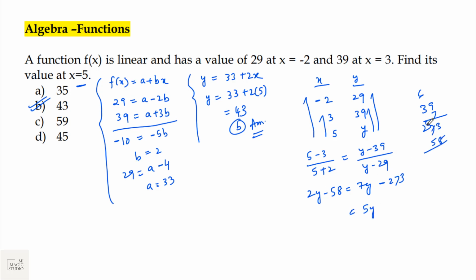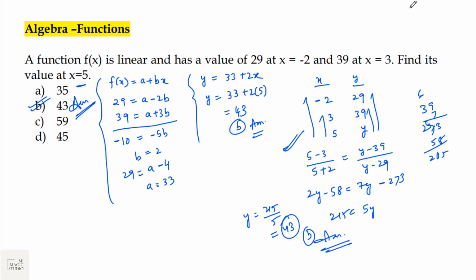So 5y is equal to 273 minus 58. That is 215. Therefore, value of y is 215/5. That is 43. Use this interpolation technique also to find these answers. Option B is the pick.